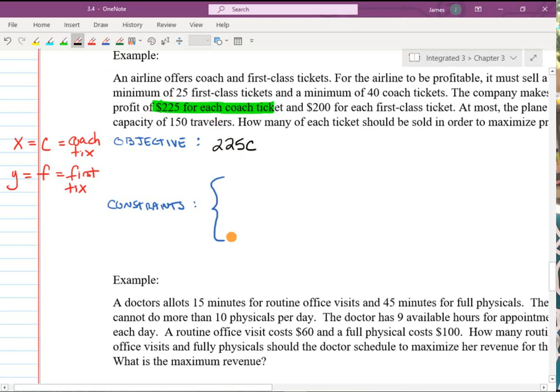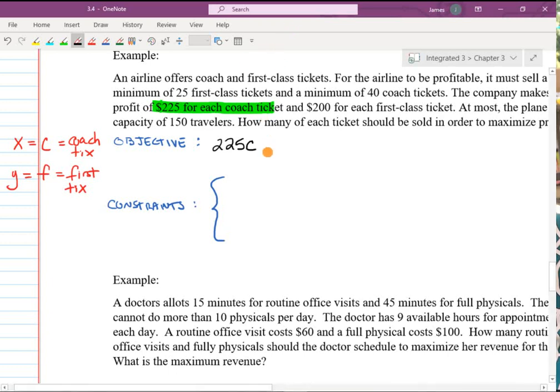So 225C, and that would give me, if I just sold coach tickets, my total amount. We talked the other day that to find a total like this, it's the price times the quantity. Well, 225 is essentially the price, and C is the quantity, and it's going to be 1 ticket, 2 tickets, 3 tickets, 4 tickets, however many I sell.